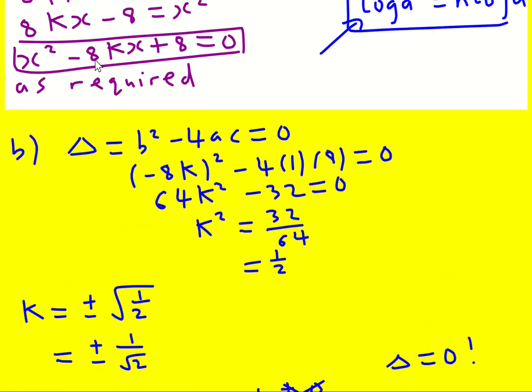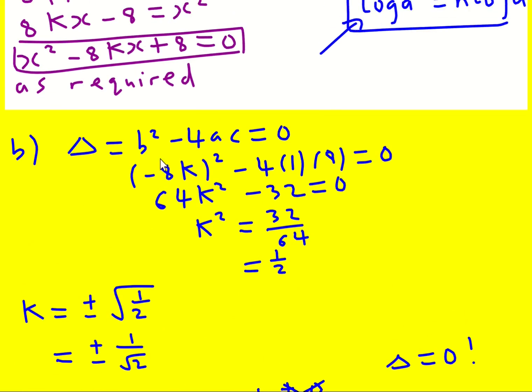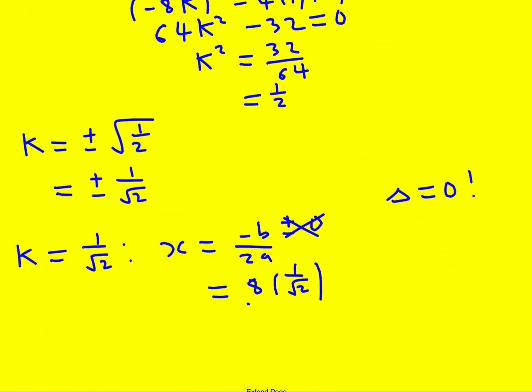So it's going to become 8 times k all over 2, which is going to become, I can write it as 4 over root 2.